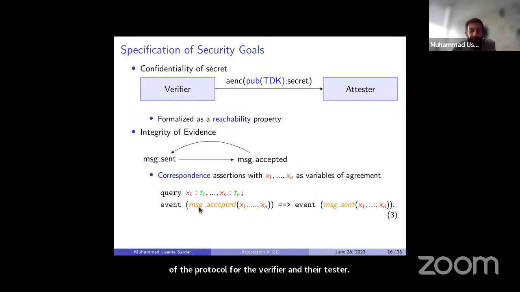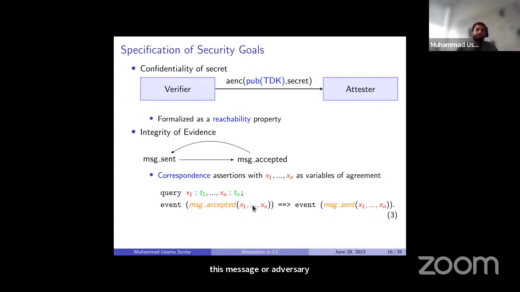And I put these events: message accepted just after the verifier actually accepted that evidence, and message sent just before sending this evidence. And then the query is to ensure whether the attacker is able to get a message accepted without having a message sent by the attester, which would actually mean that the adversary generated this message or could modify this message.